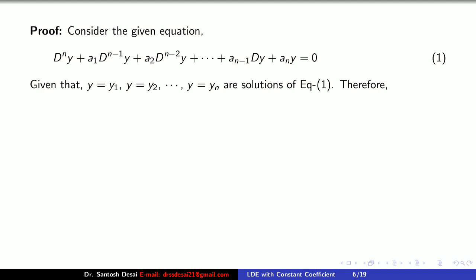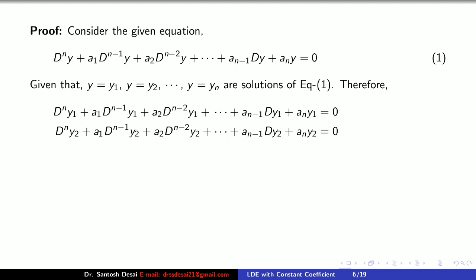So therefore we get D raised to n y1 plus a1 D raised to n minus 1 y1 plus a2 D raised to n minus 2 y1 plus and so on plus an minus 1 Dy1 plus an y1 is equal to 0. Similarly, y is equal to y2 is also solution of equation 1. So therefore y2 also satisfies equation 1. So thus we get this second line.